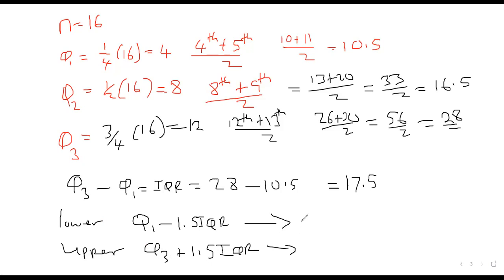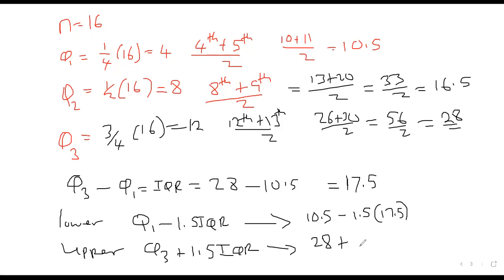The lower quartile was 10.5. And the upper was 28. So to the lower we subtract, to the upper we add. That's the difference. 1.5 times the interquartile range, 17.5.